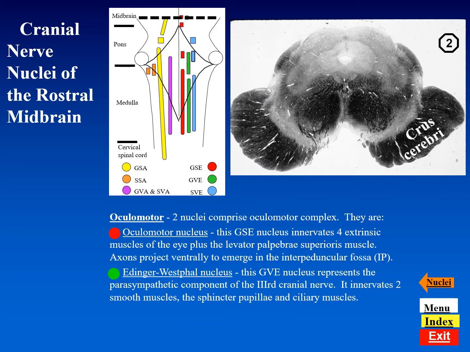In the rostral midbrain, there are 2 nuclear columns represented servicing the oculomotor nerve. They are the oculomotor nucleus and the Edinger-Westphal nucleus, part of the GSE and GVE columns respectively.